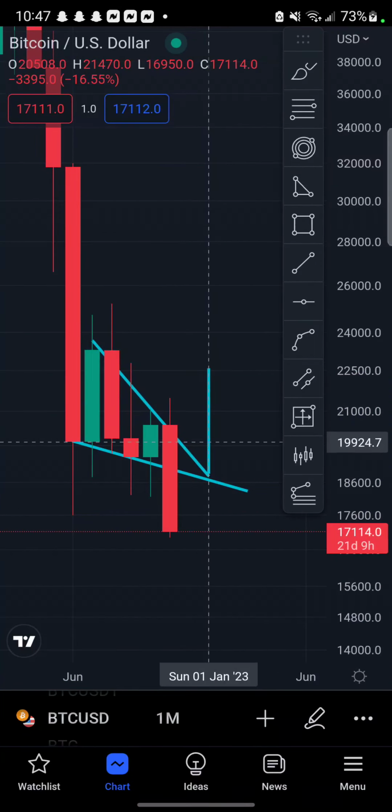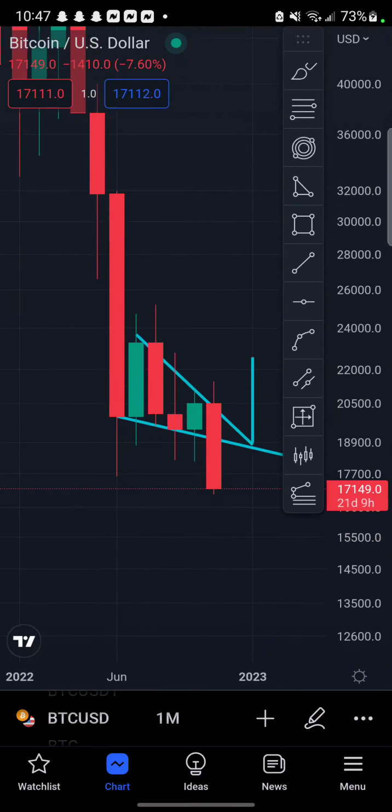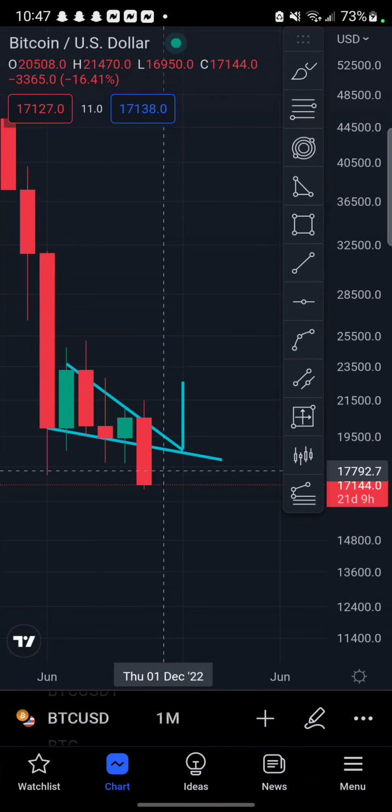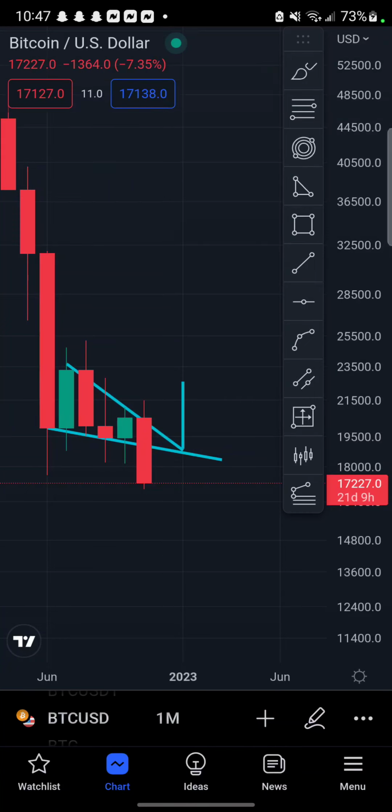And now the target on the upside would be around $22,000. So we're technically still not done. We just have to figure out if the next candle can become green, and then we start to head up higher from here.